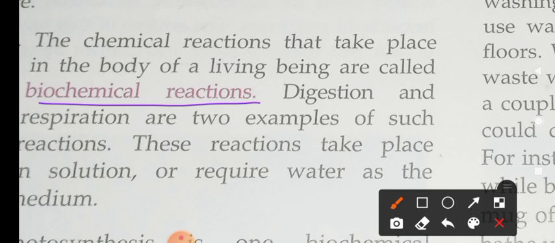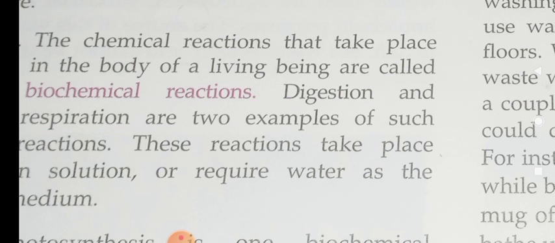So the chemical reaction taking place inside the body of a living organism is called a biochemical reaction. These reactions take place in solution or require water as the medium.